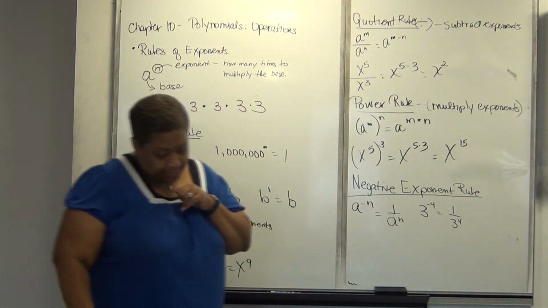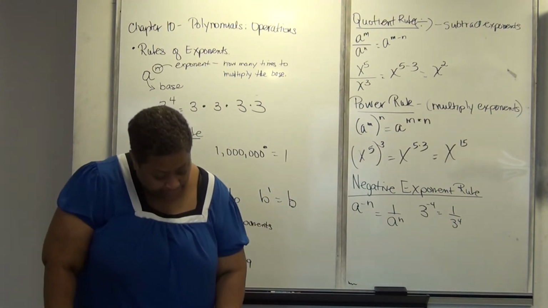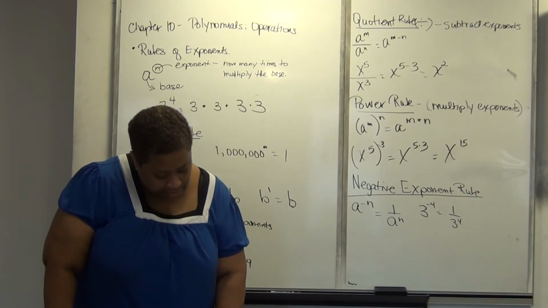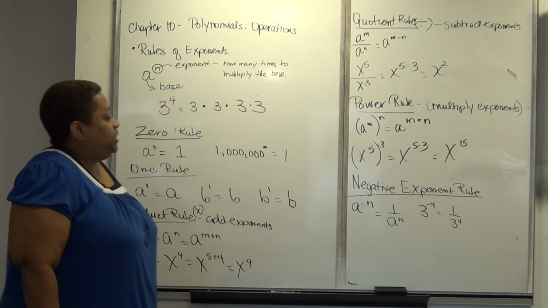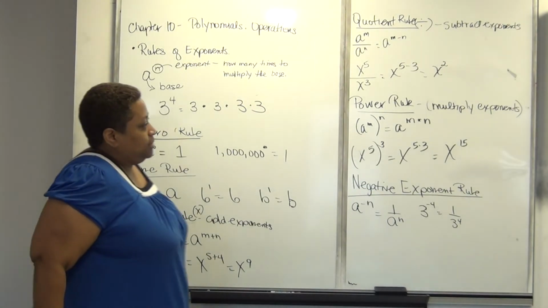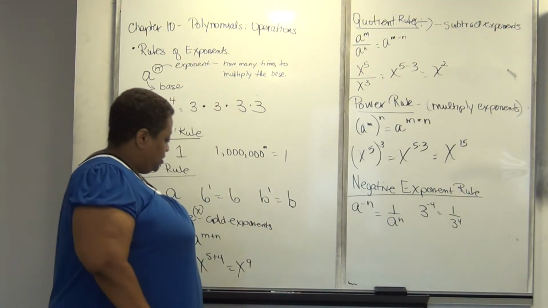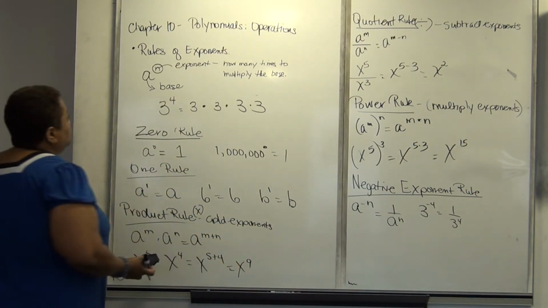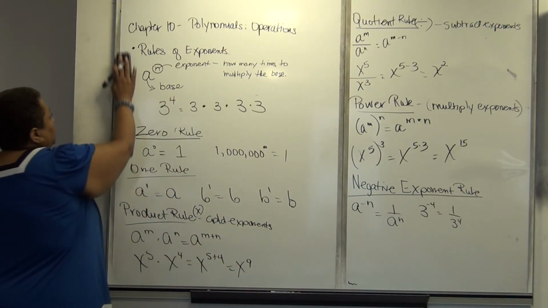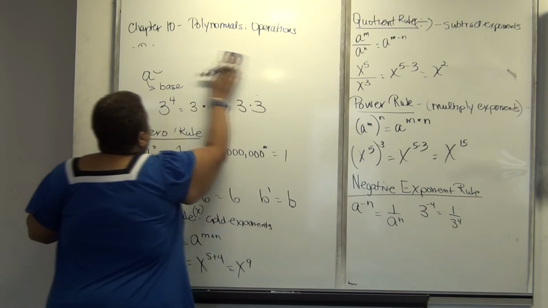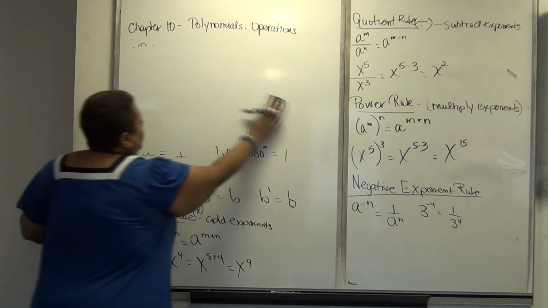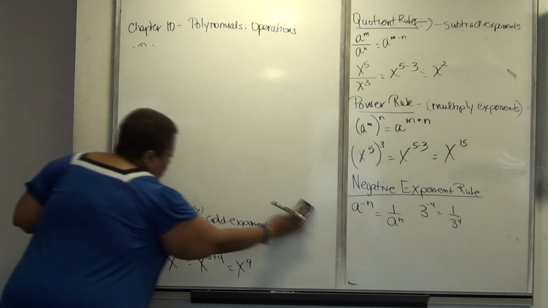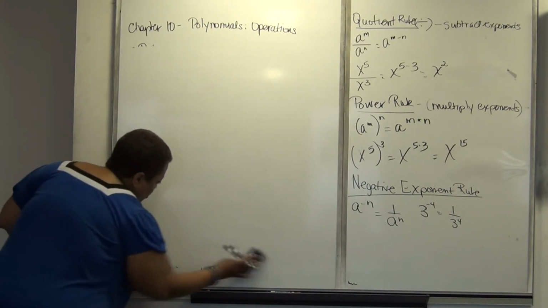Okay. Now, the next thing we're going to talk about is scientific notation. All right. So I'm about to erase this, so I hope you already have these rules in your notation. So I'm going to wipe them away. Go play the video back if you did not copy them down. Make sure you have all of these rules.